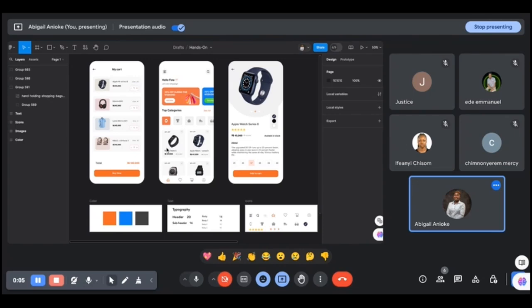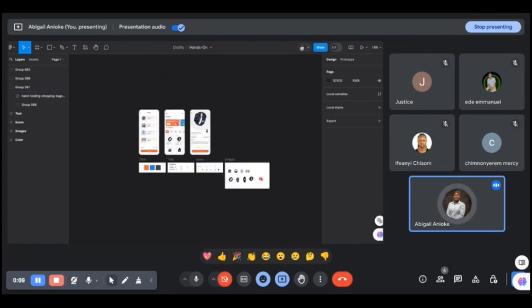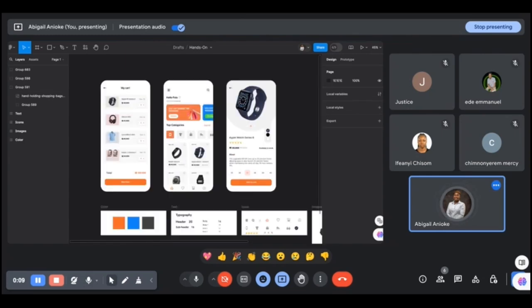What we have here is an e-commerce, and the tool we are using to do this practical is Figma. So Figma is a software that designers use to do different kinds of things: wireframe, prototype, user research, and all of that.